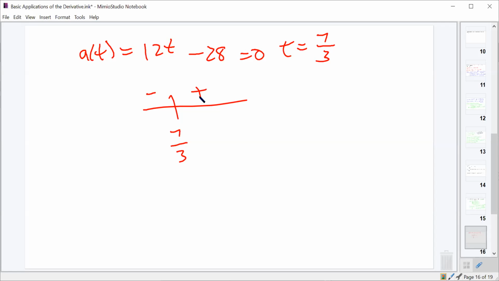And one other thing we might want to note is about the actual speed of the particle. Somebody remind me, what is the relationship between velocity, acceleration, and speed? Okay, speed is the absolute value of velocity, but how can we tell if speed is increasing or decreasing?